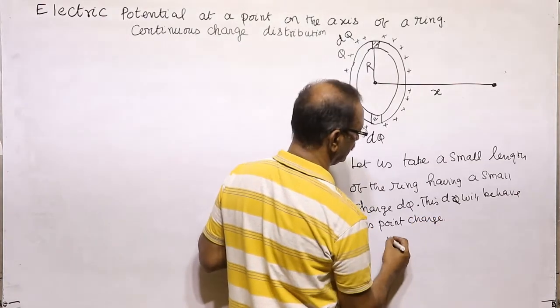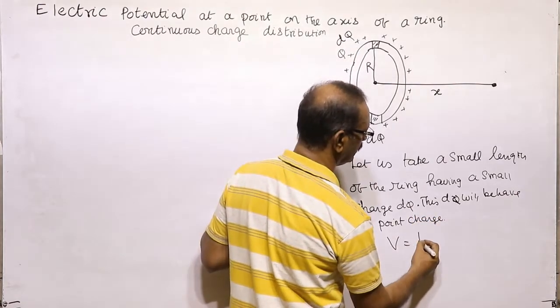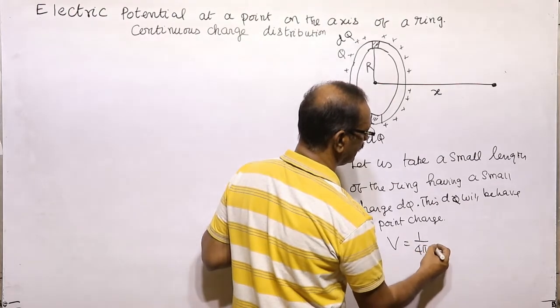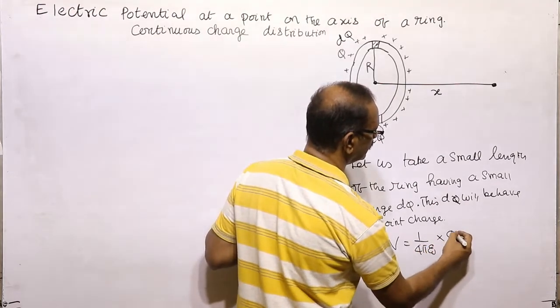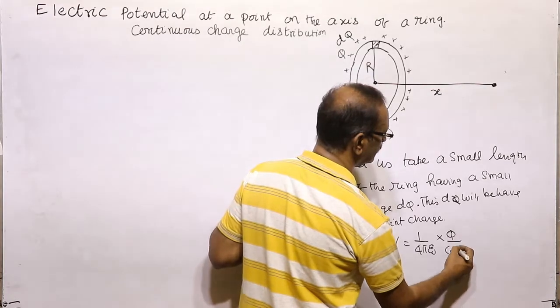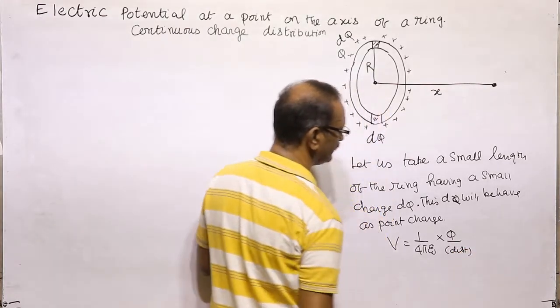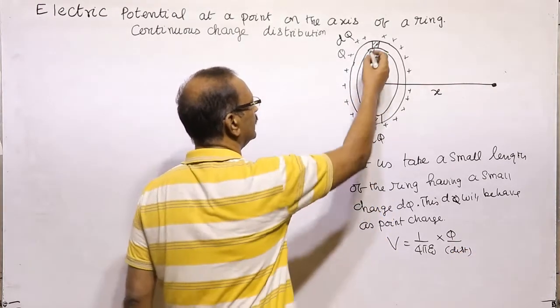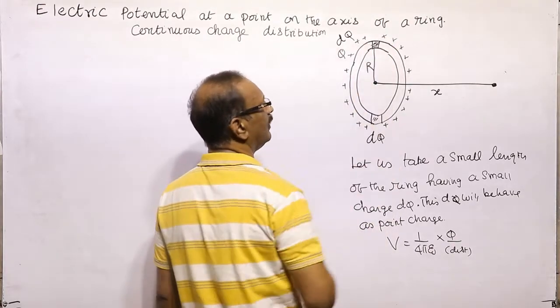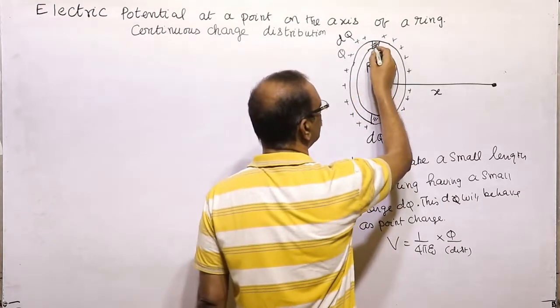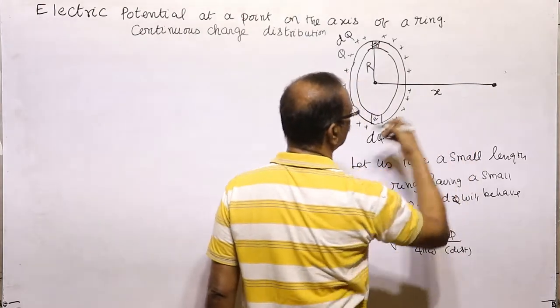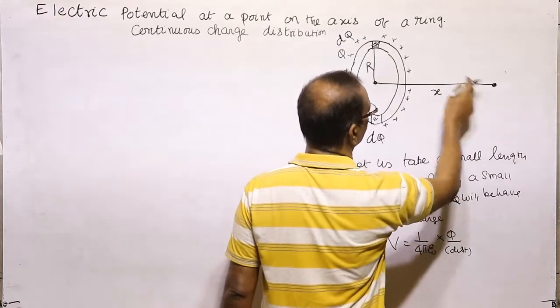Point charge means the potential due to a point charge is equal to 1 by 4 pi epsilon naught into charge divided by distance. This is the general formula for potential at a point. So this is a point charge, and we are interested to find out the potential due to this point charge at this place.